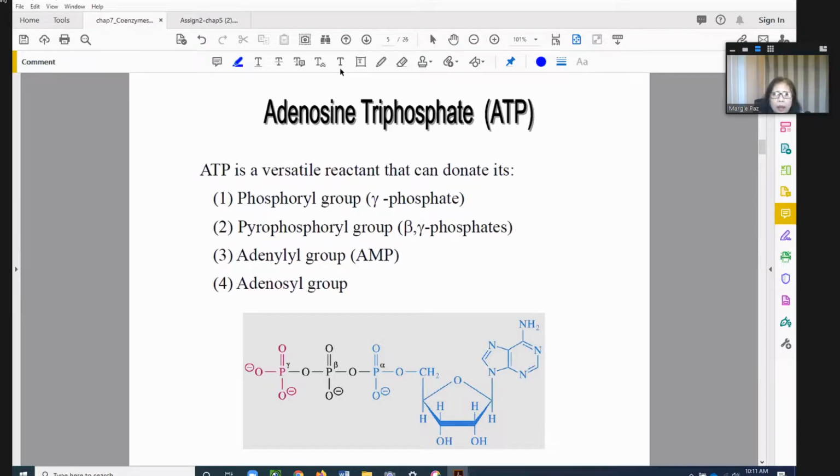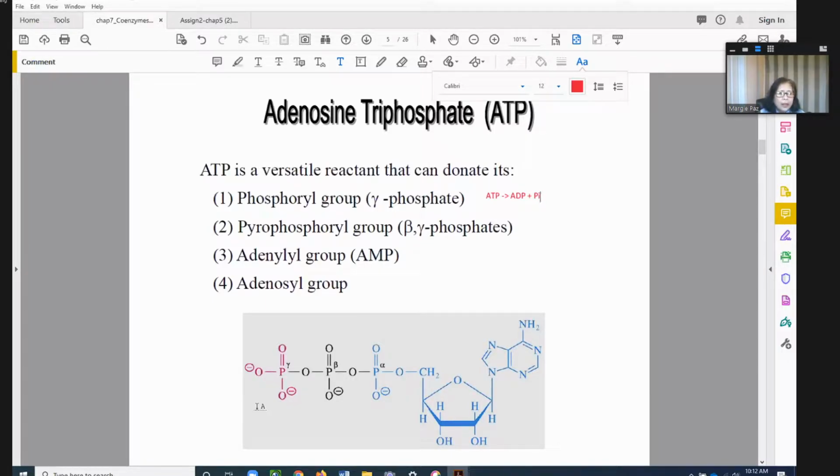So when ATP is cleaved and hydrolyzed into ADP and inorganic phosphate, this inorganic phosphate here can be donated to another molecule, and this inorganic phosphate is the gamma phosphate, this phosphoryl group here.